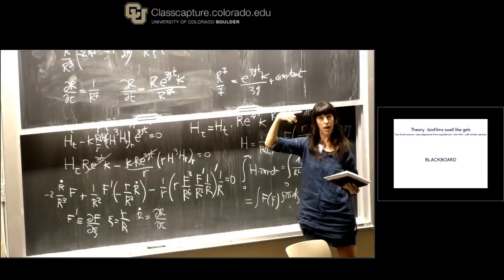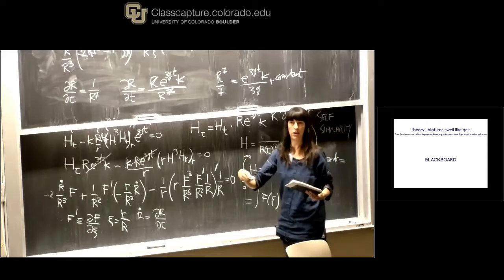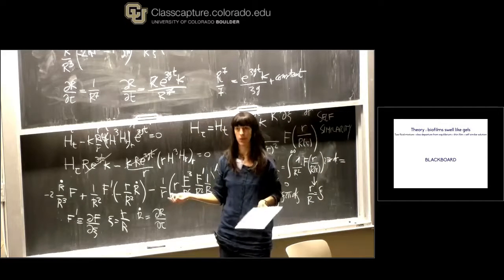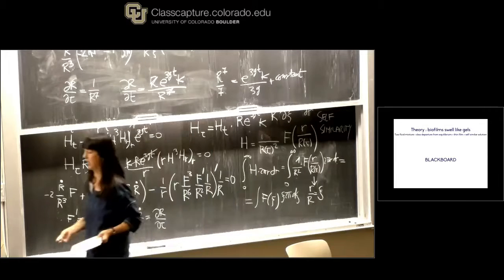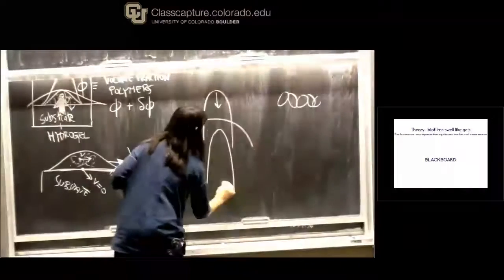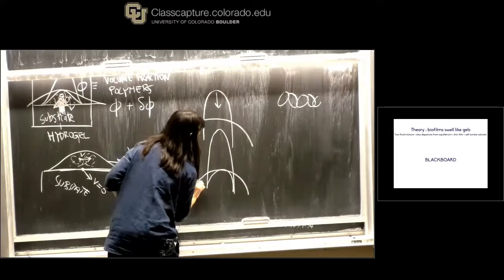Okay? So there is a memory, there is some time that you need to develop in order for your gradients to be large enough to expand. Okay, so this tells us the answer to the question I posed initially. Does this swell vertically, or horizontally? And the answer is first, it goes up. First it goes up, and then it spreads.